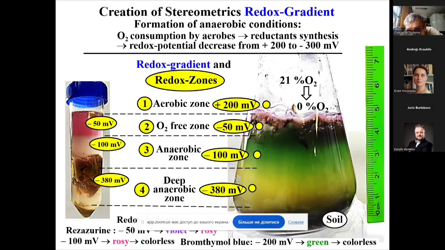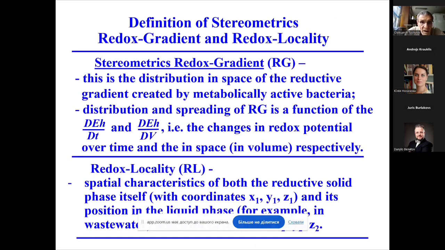Then in the middle zone of this vessel, we obtained deep anaerobic conditions, minus 200 millivolts and more negative. So on this very simple example, we can see the possibility of regulation of redox metabolism and creation of a redox gradient from plus 200 millivolts down to almost minus 400 millivolts.